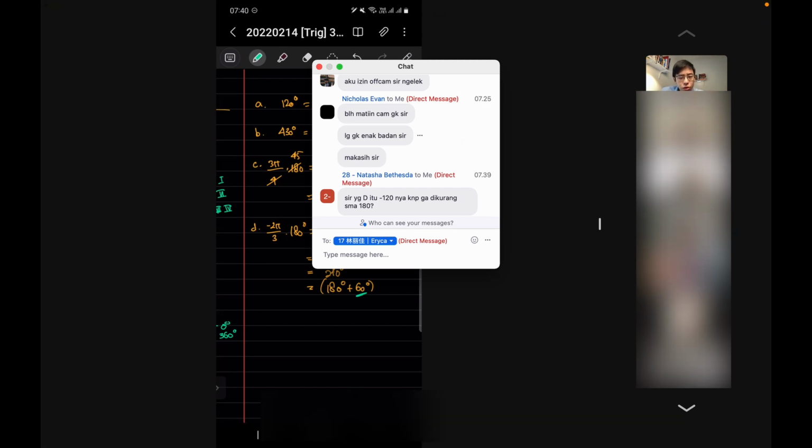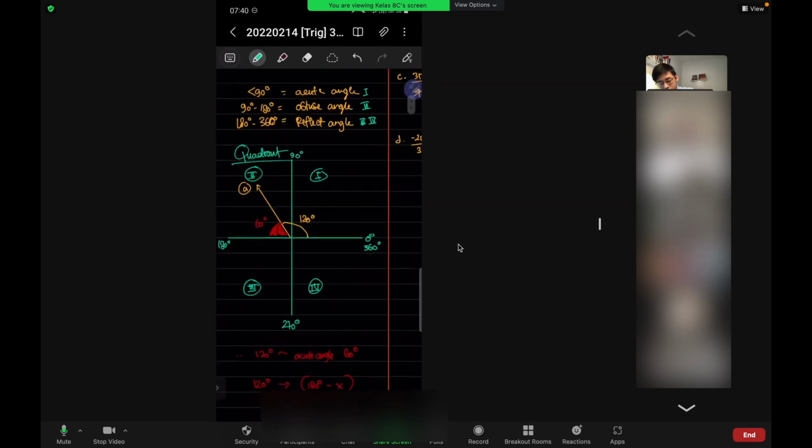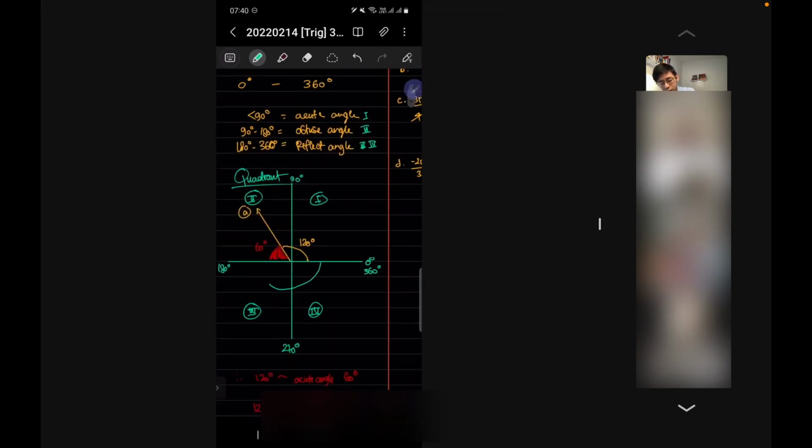Sir, yang D itu min 120 derajat, kenapa nggak dikurang sama 180 derajat? Yang D min 120. Karena min 120 itu kan ke counterclockwise kan, dia ke sini. Jadi yang pertama mesti dikurangin dulu itu 360 kurang 120. Jadi kita tahu sudut aslinya berapa.